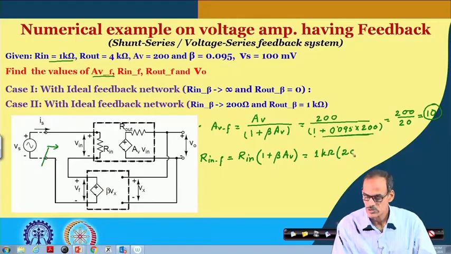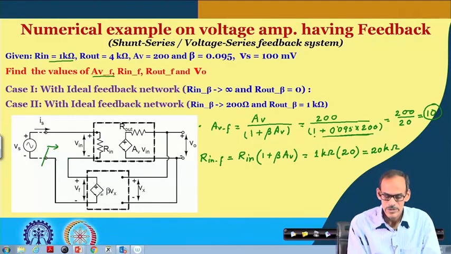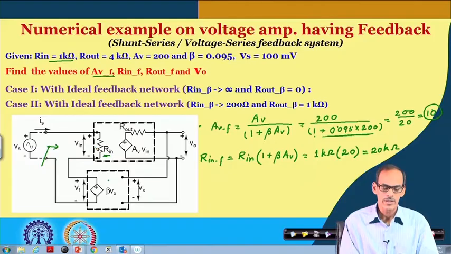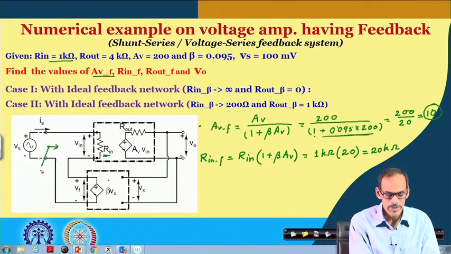So, this part will be 20, and that gives us 20 kilo ohms. Note that just by this feedback network the input resistance is getting increased by a factor of 20, which means that if the main amplifier input resistance was 1 k, the feedback system input resistance becomes 20 k, R in F is 20 k.